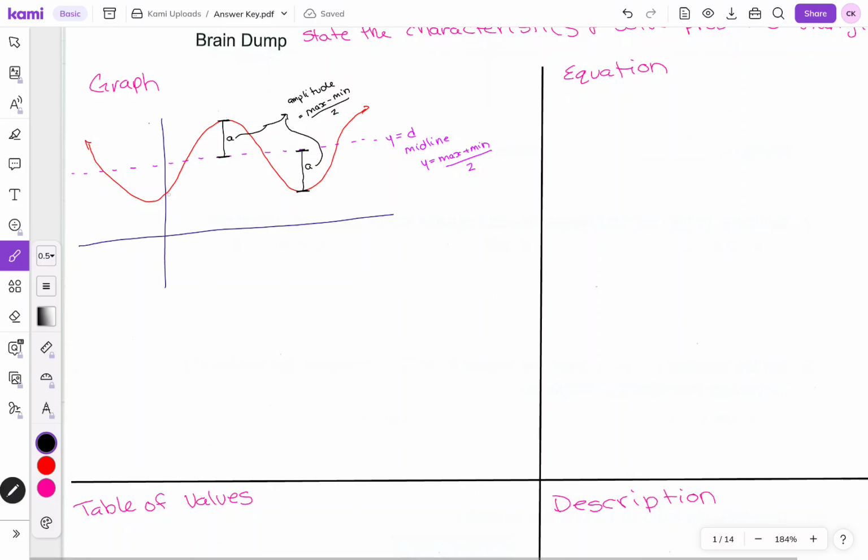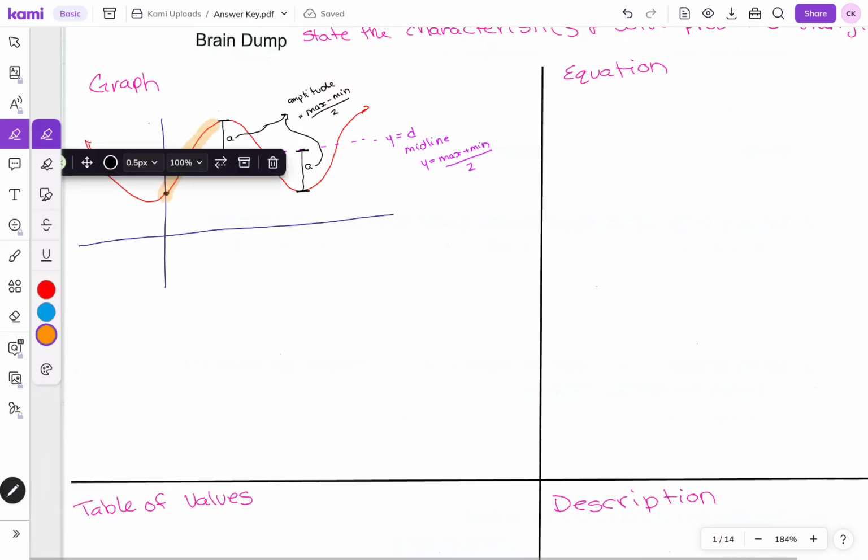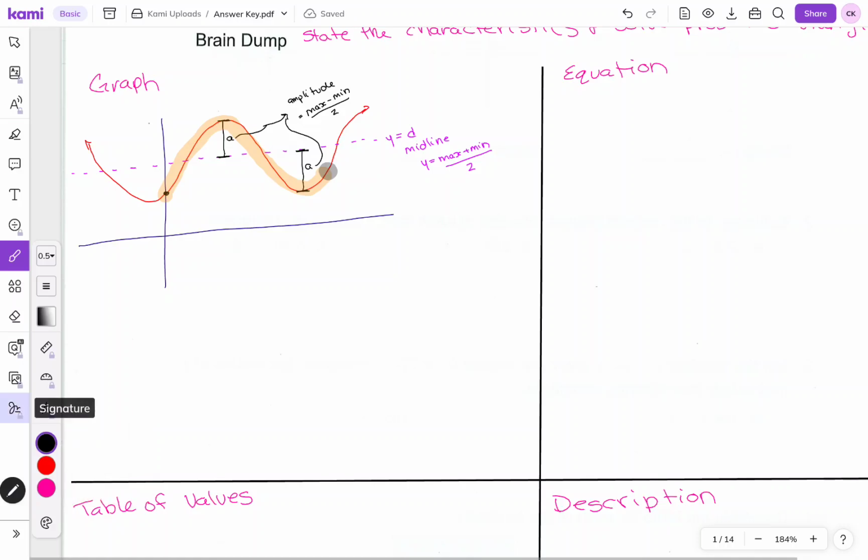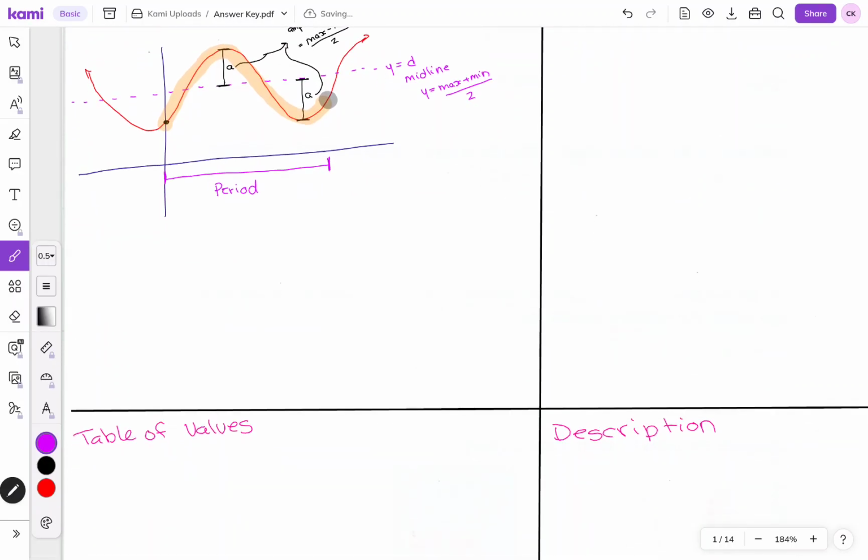Okay. And our period, remember, is measured from one point. How long does it take to get back to that same height on the different cycle of our graph? So this is our period. There are different places you can look for the period; it's just the measure of one rotation.